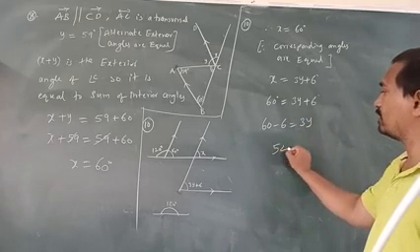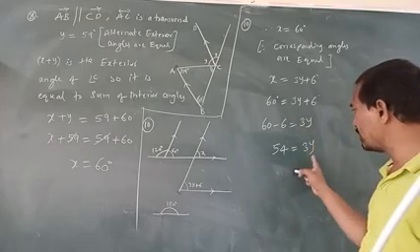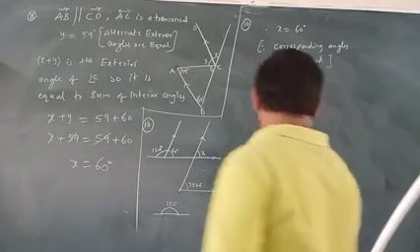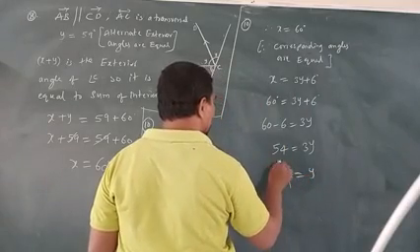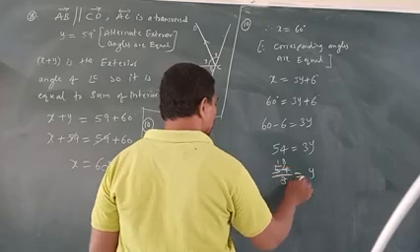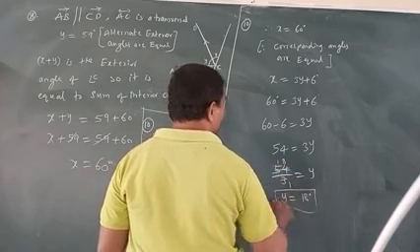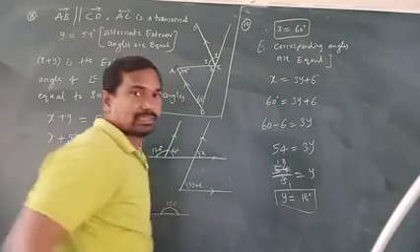That is 54 equals 3y. To find y, transpose 3 to the left side, so 54 by 3 equals y. 3 eights are 24, so y equals 18 degrees. x equals 60 degrees.